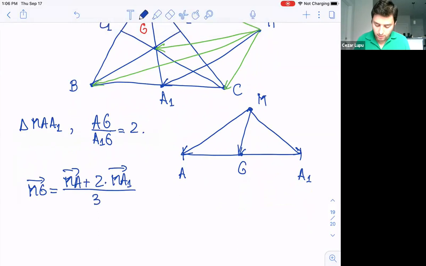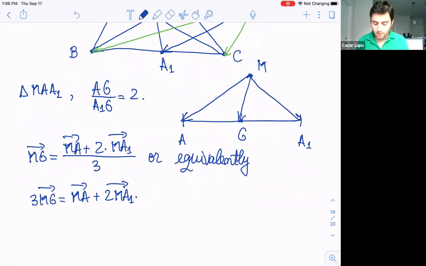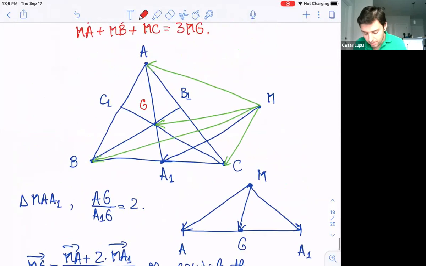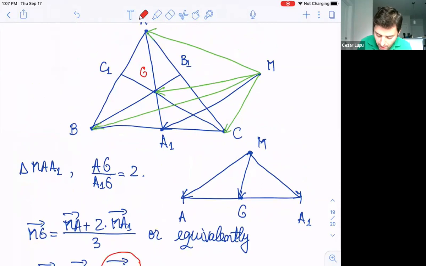Or equivalently, we have 3MG vector is nothing else than just MA vector plus 2 MA1 vector. All right, perfect. And now I'm trying to look for some information about MA1, so maybe I should write this in a certain way. Let me look in what triangle I want to obtain this information. Look, I'm looking in this triangle MBC.